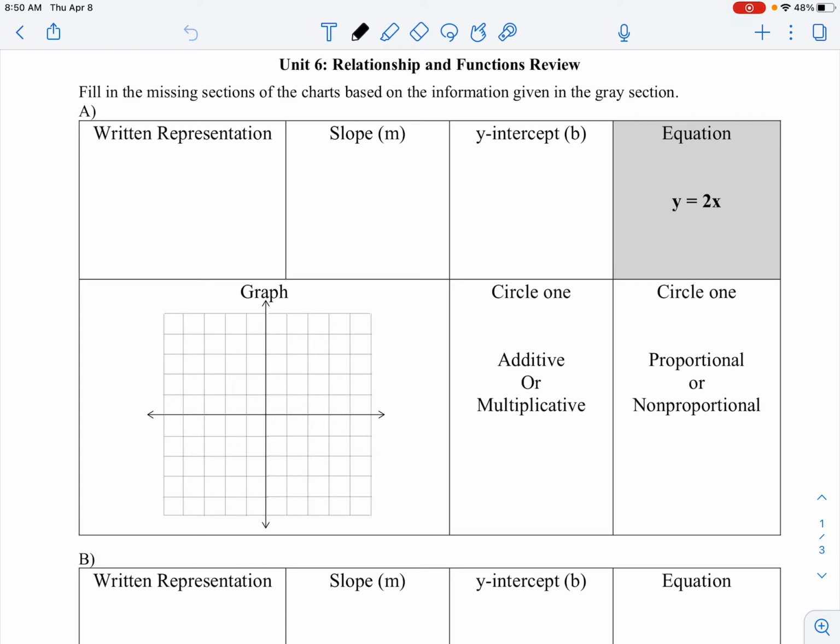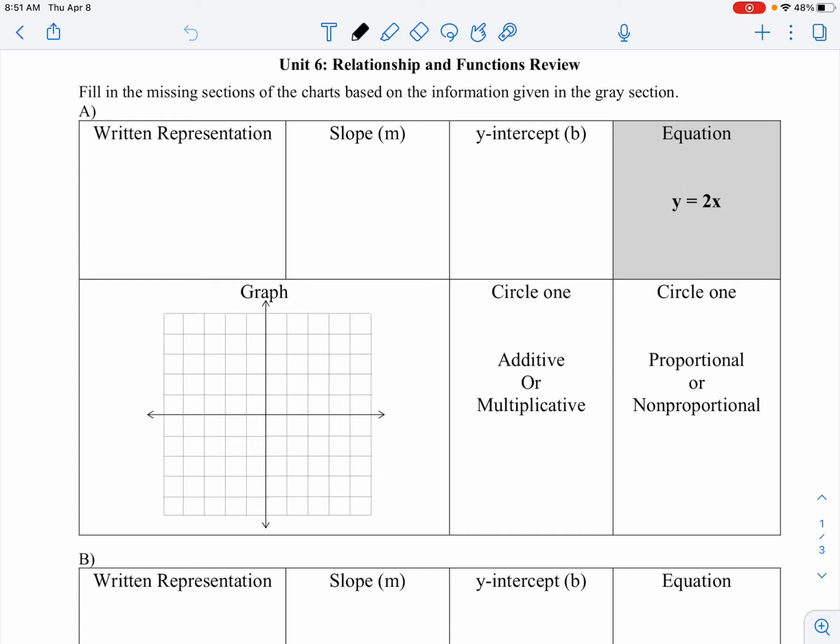So we are just doing a quick run through of everything we've talked about during Unit 6: proportional relationships, non-proportional relationships, additive, multiplicative. Moving on from that, we've got slope and intercept, etc. We are just going to do a quick run through of 4 problems here that will encompass everything that we've talked about over this unit.